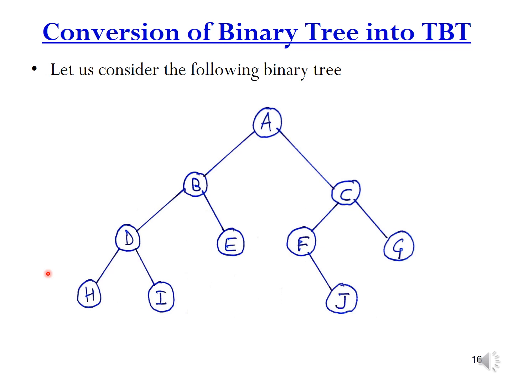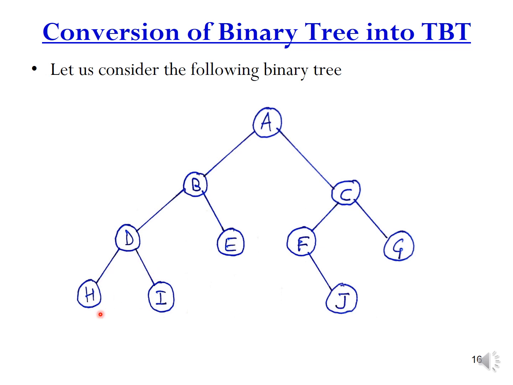But we have to note here that if we focus on this particular node, this is the left pointer and this is the right pointer. Both pointers are engaged in node B. Left and right pointers are both engaged. Here in D, both left and right pointers are engaged.